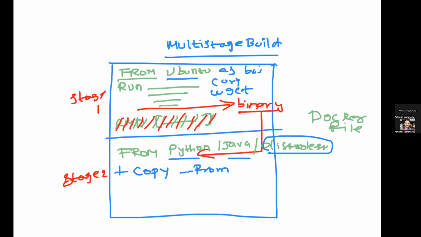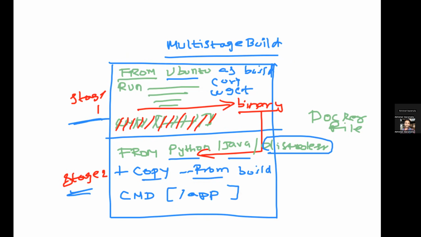You can create an alias, build. This has a syntax I'll show you, but here you copy from your base image, so you have the image from stage 1 to stage 2. Here you can simply say cmd /app.